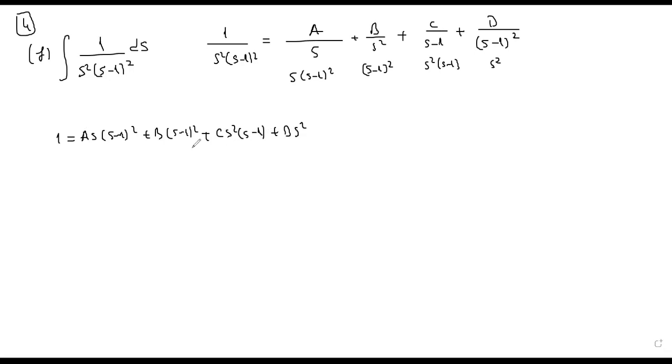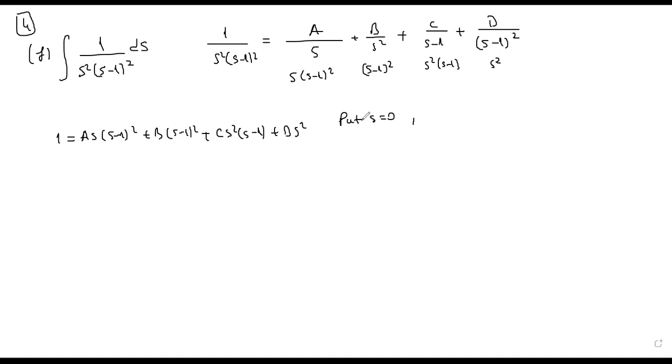So you see, it's not that easy to find all the constants. There are a lot of computations. So instead of doing that, we will just put s equals 0 first. s is any real number, so it can take 0.